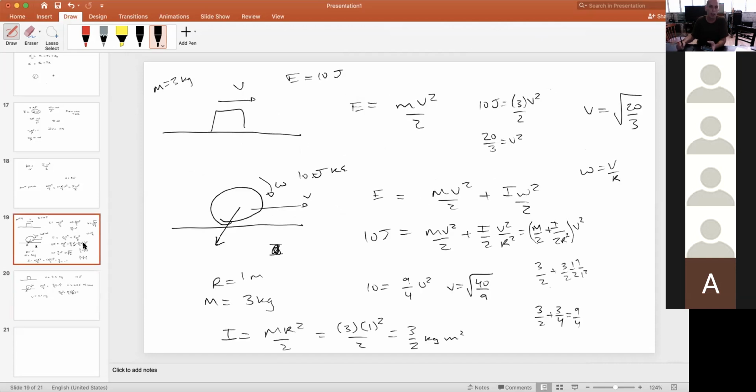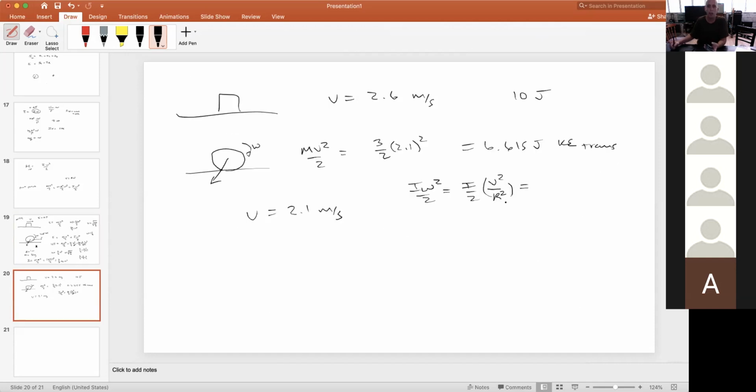If I look back, my I was 3/2, my r was 1, so this is 3/2 times 1/2 times 1 over 1 squared times 2.1 squared, and that's 3/4 times 2.1 times 2.1, and that's 3.3075 joules, as it should be. Sorry, joules.